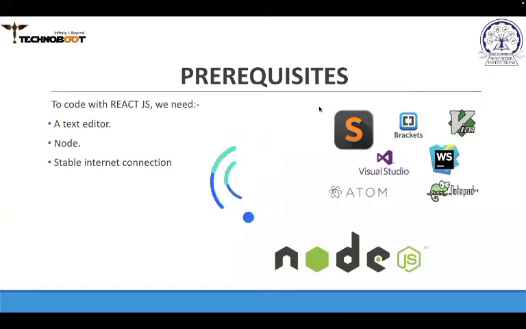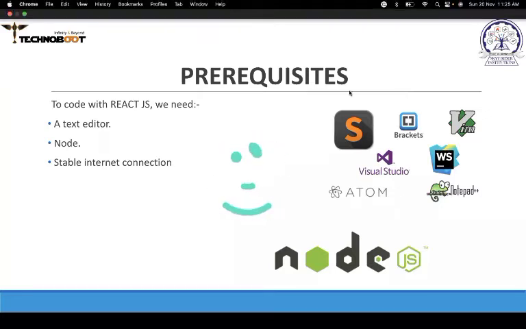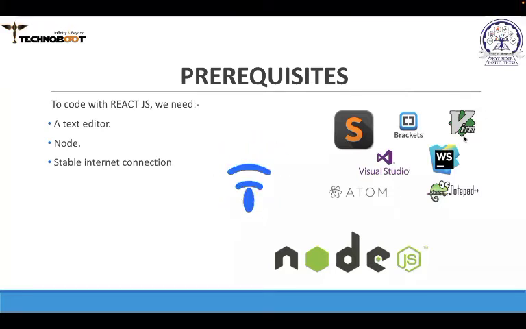The one I will use now is Visual Studio Code, but you can use any other. I have given some examples like Sublime Text, Brackets, VIM, Visual Studio, WebStorm, Atom, Notepad++. You can use any of these text editors.